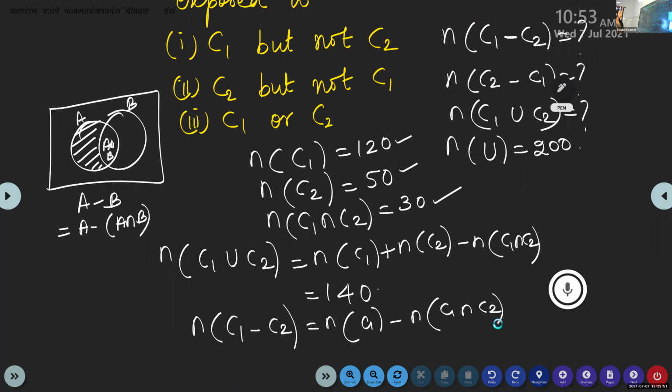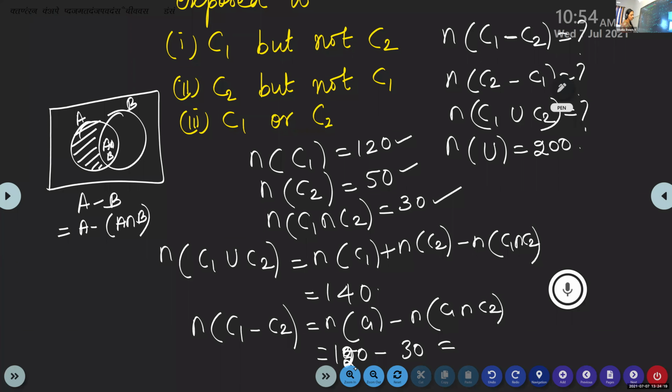What is N of C1 here? Sorry, children, I wrote C2, the number.